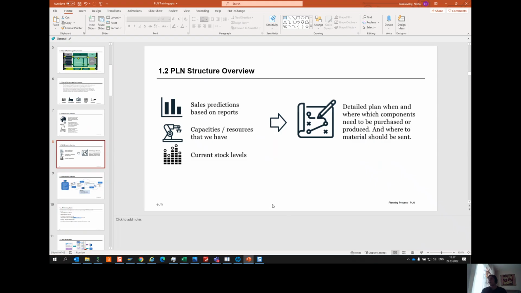Yeah, this is also a good diagram. So what are the prerequisites for a planning process? First of all, planning takes sales predictions based on reports. So we have not only the statistics of previous months, but we need to transfer the past statistics to future forecasts.